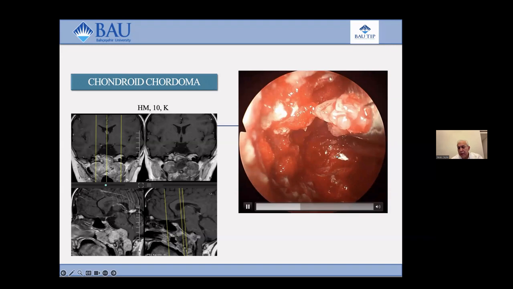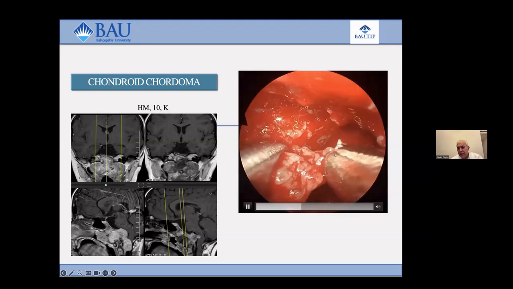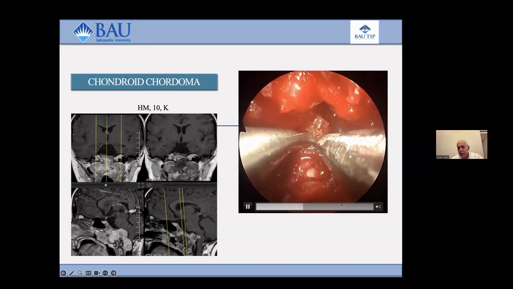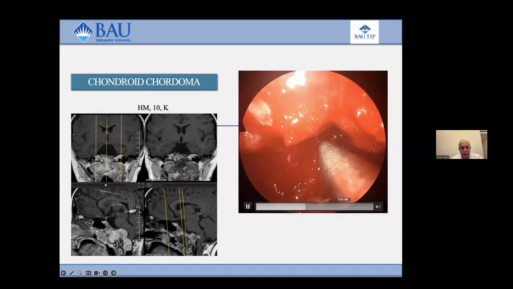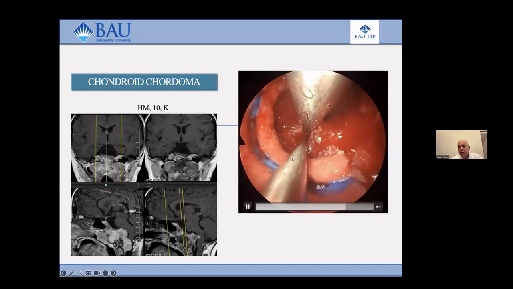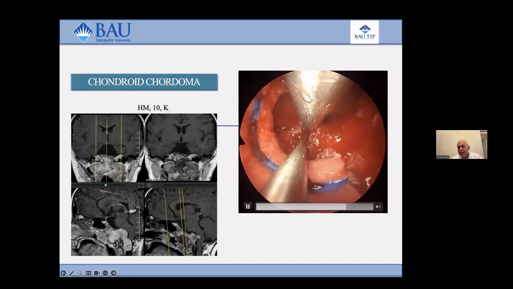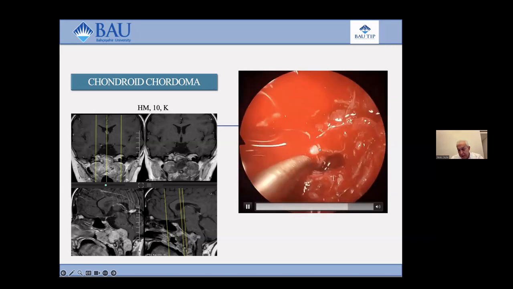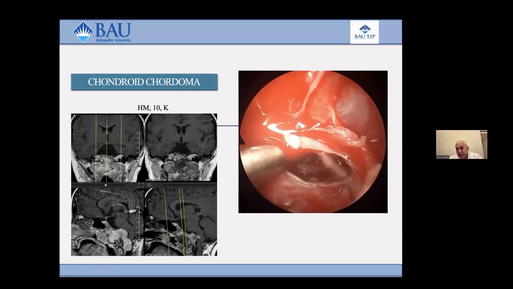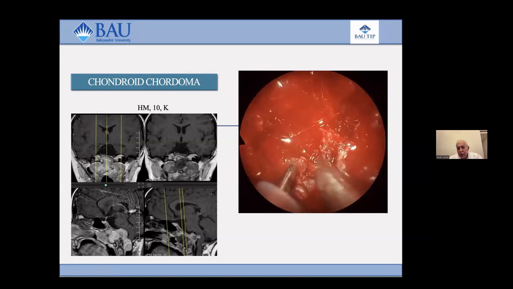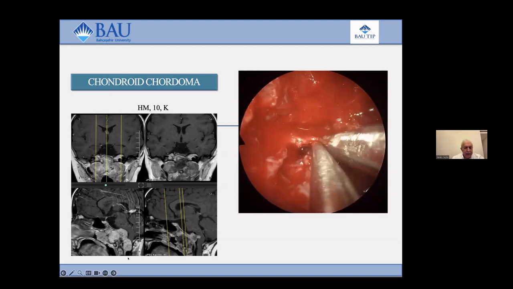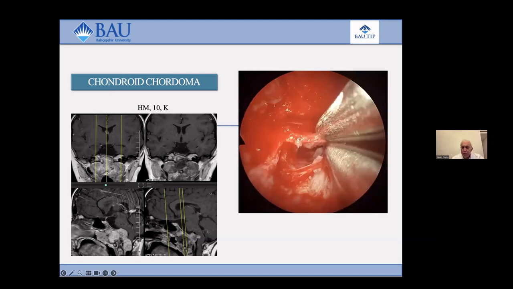Now the laterally extending tumor was removed. Then in the last period, we reached the retroodontoid area and the tumor capsule was opened. In this retroodontoid region, we went as deep as we could. We reached the deepest point of the tumor, and this retroodontoid tumor was removed.